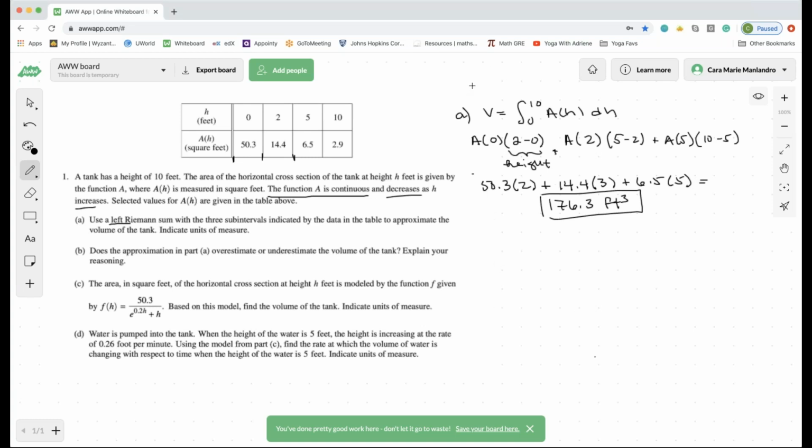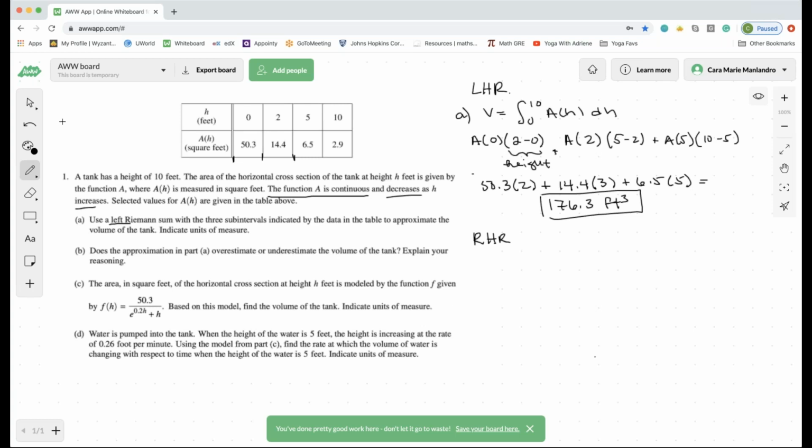So I want to take a second. This was the left-hand Riemann sum. I want to take a second and actually calculate the right-hand Riemann sum. I know they didn't ask for it, but it can't hurt to practice. The only thing I would change here is that I would start my calculation over on the right.